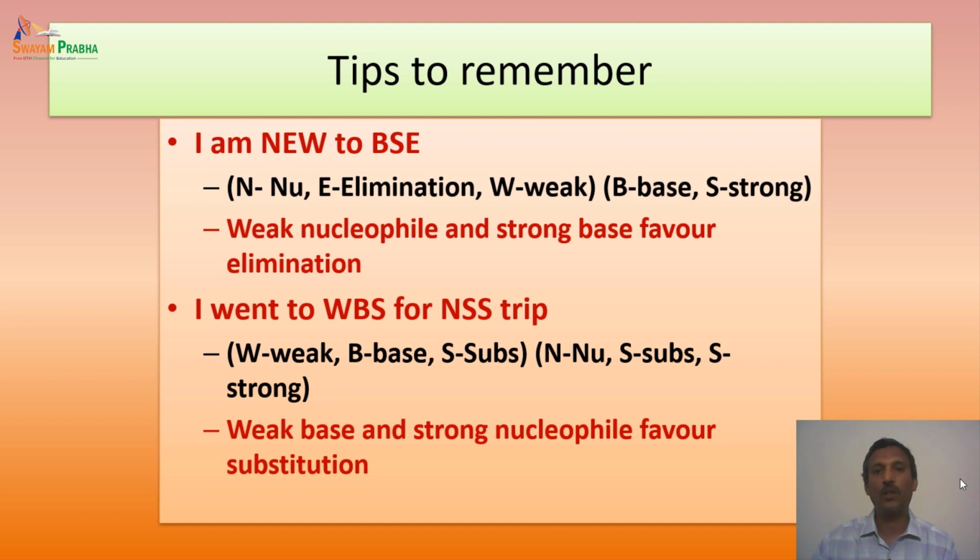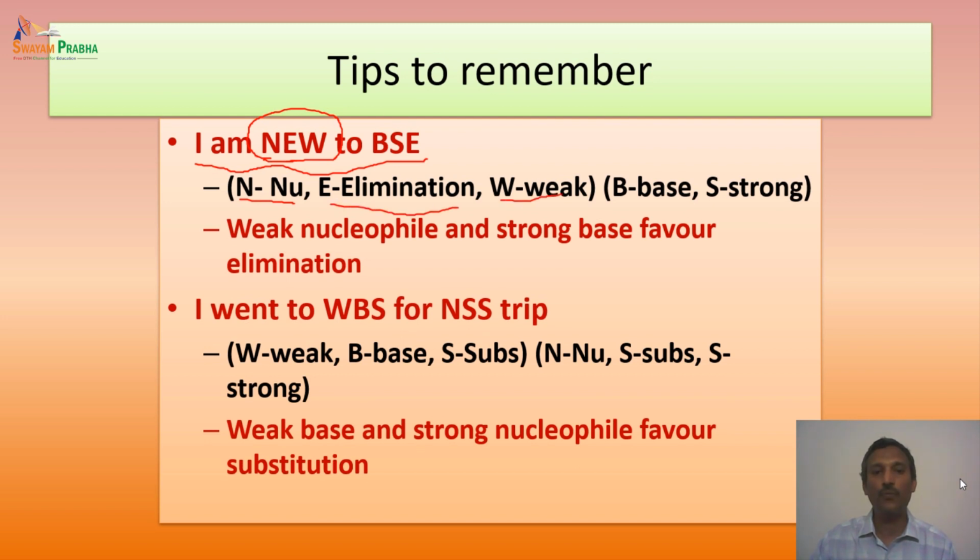So how can you remember all these things? There is a mnemonic which you can follow. I'm new to BSc. BSc is nothing but a stock exchange, if you can remember that. So what is this NEW? N is nucleophile, E is elimination, W is weak.